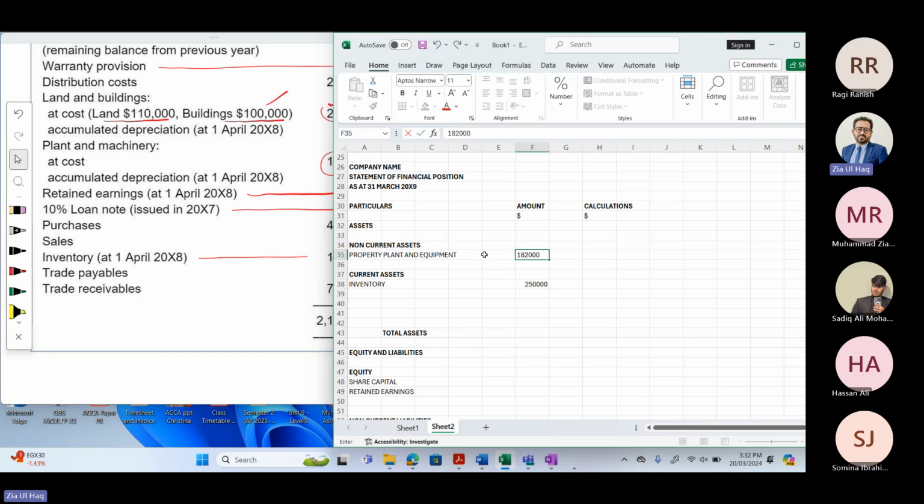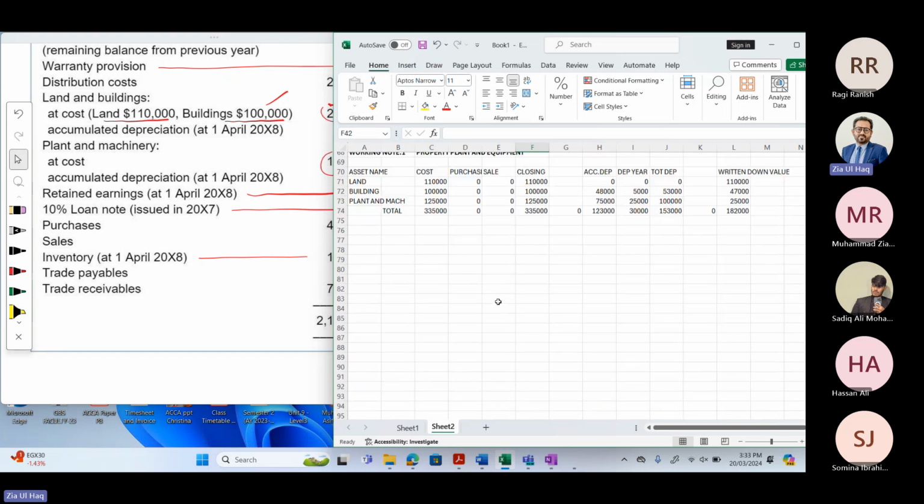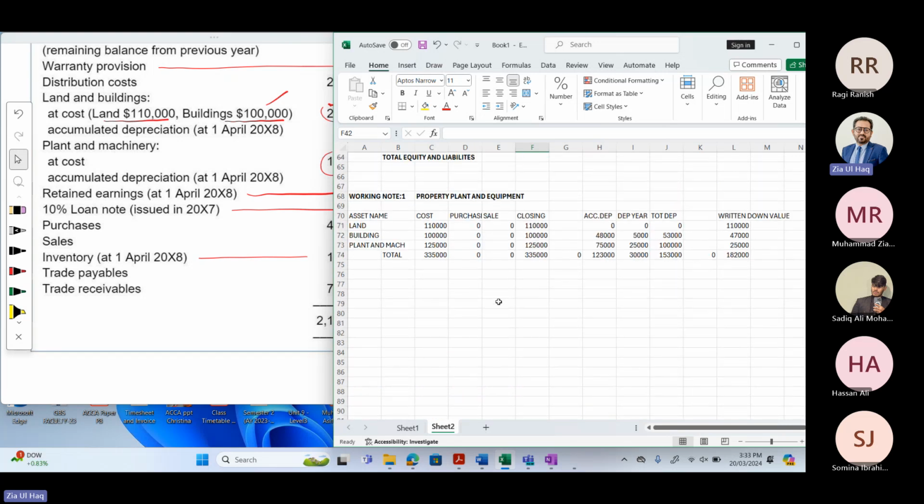And we can put here working note 1, bracket. From where is this figure coming? From working note 1, where the working note 1 is in our answer. I mean, we need to show this working.